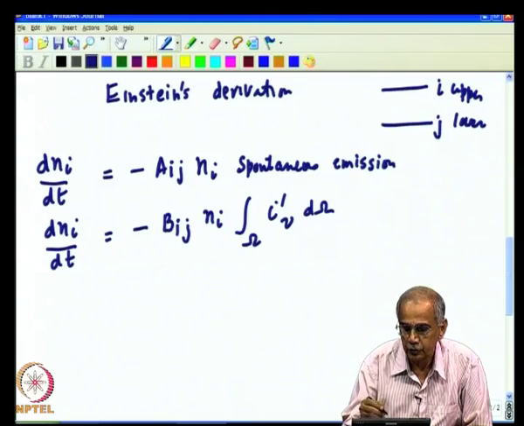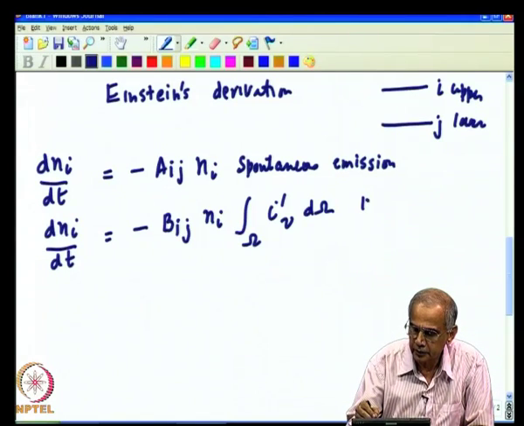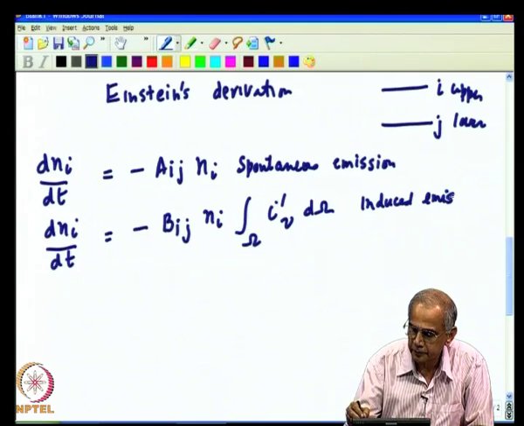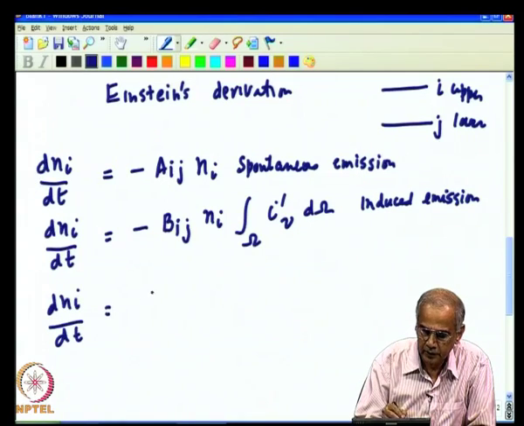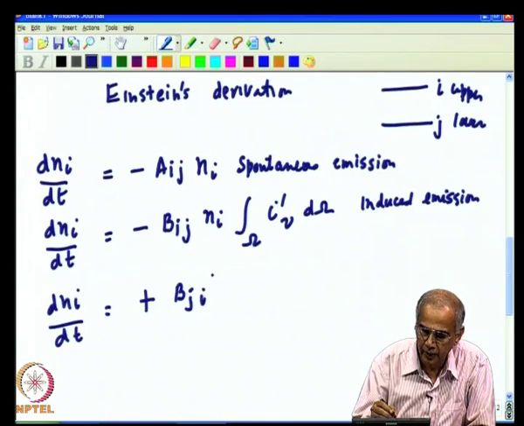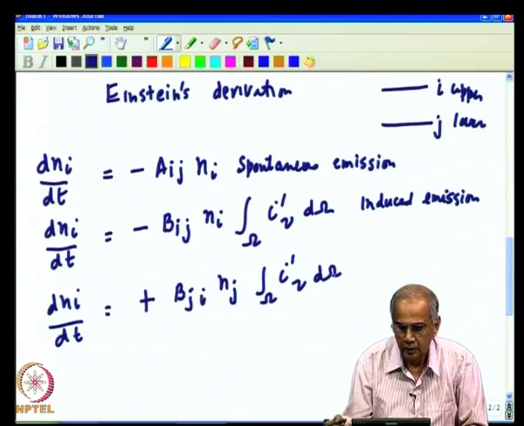He said that there can also be emission of photons due to photons coming into the system. So, that is induced emission or stimulated emission. And finally, there is absorption, which has to be positive and which is from lower level j to upper level i. So, it depends on number of molecules in the lower level and the number of photons arriving at the system.